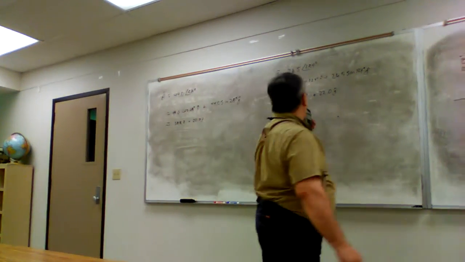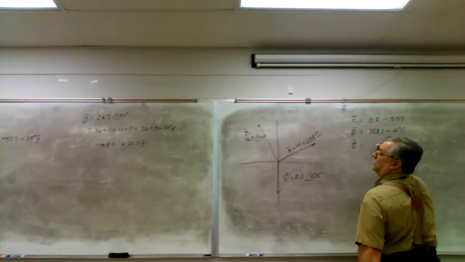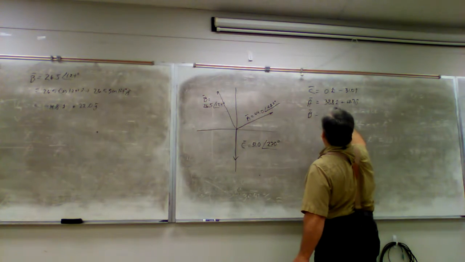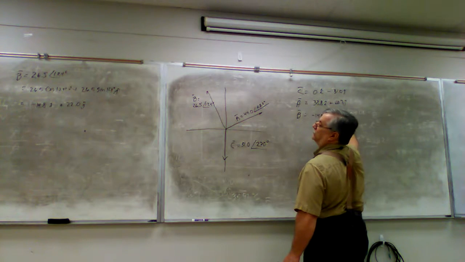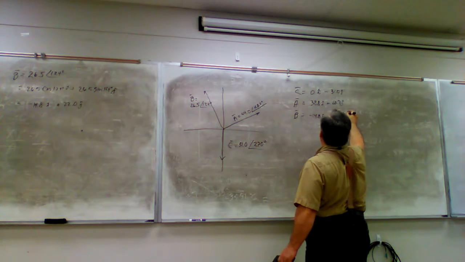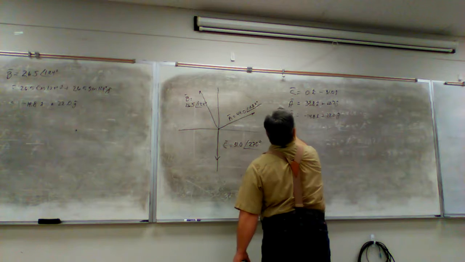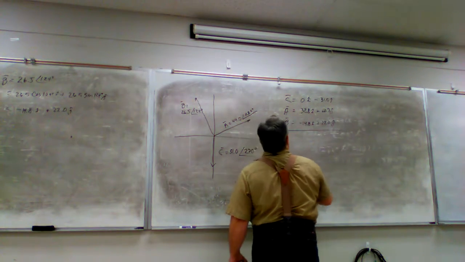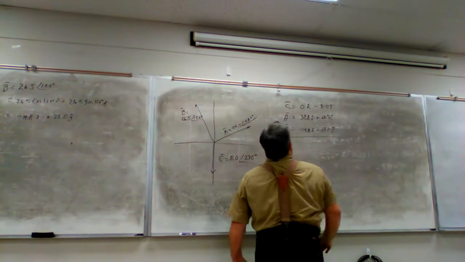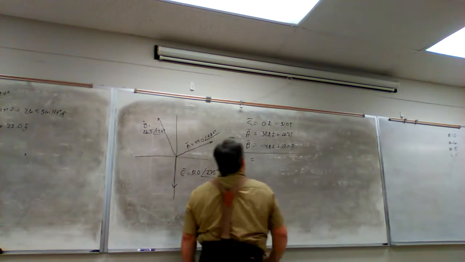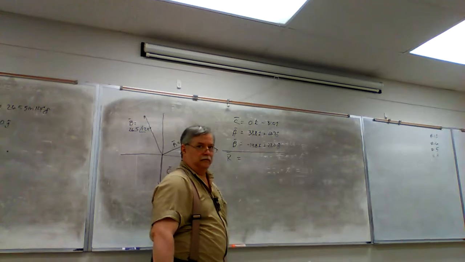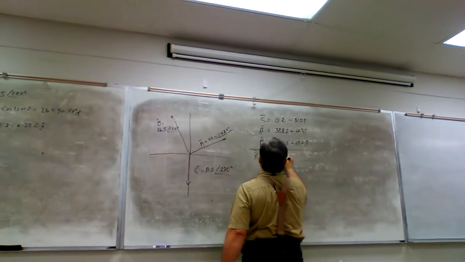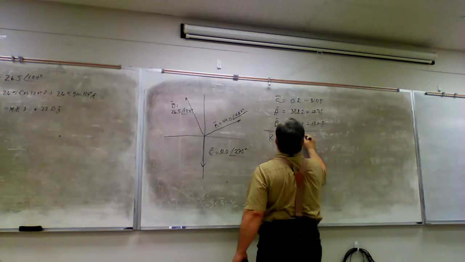All right, well, let's write this over here. Minus 14.8 i plus 22.0 j. Okay, what is the sum? We'll call it R for resultant vector. What's 0 plus 38.8 minus 14.8? 24.0 i.